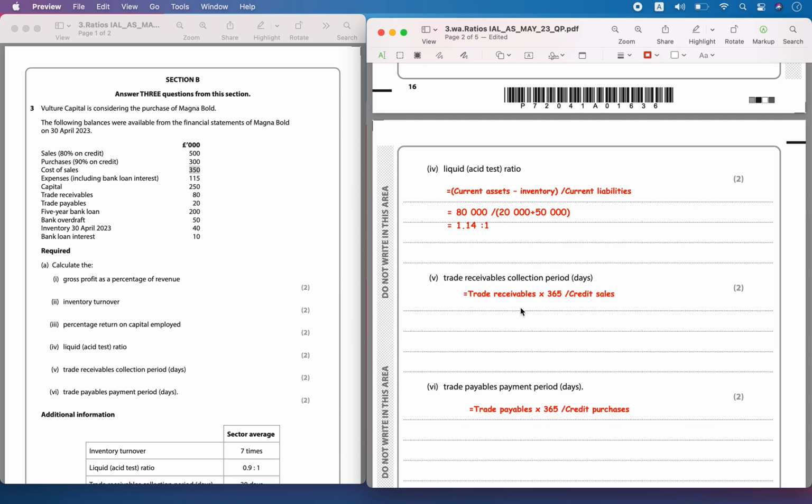Then trade receivables collection period. The formula is trade receivables times 365 divided by credit sales. So that is equal to trade receivables of 80 times 365, divided by the credit sales. We have to take only credit sales, so 80 percent of 500,000.